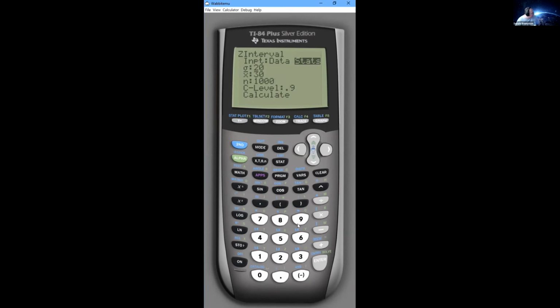Now, I'm looking for a 99, so there we go. And now I should get an interval. Somewhere between 28.4 up to 31.7.